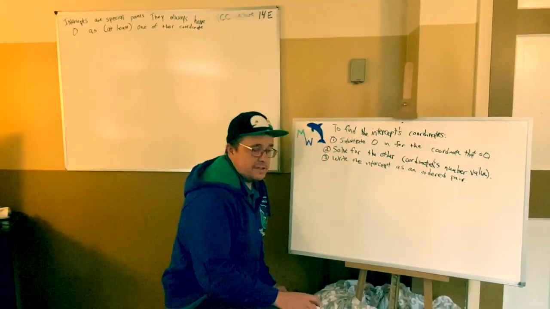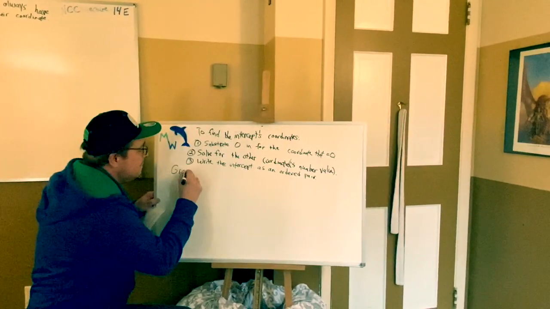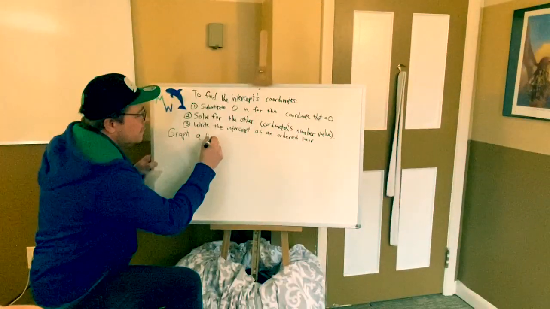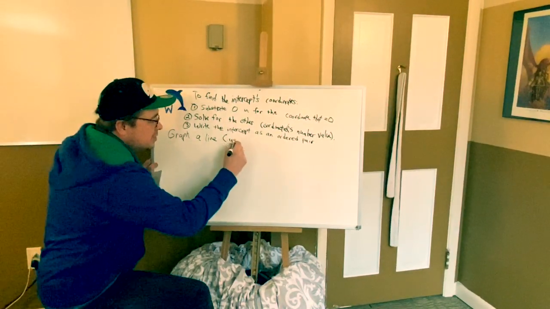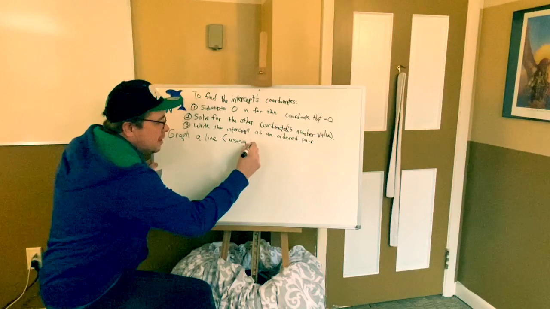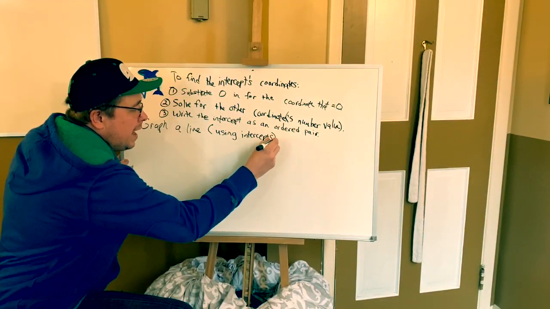I'm going to use color on this regularly. Graph a line. The other way we learned was the 3-point T-chart method. This is going to be using intercepts. So what happens?